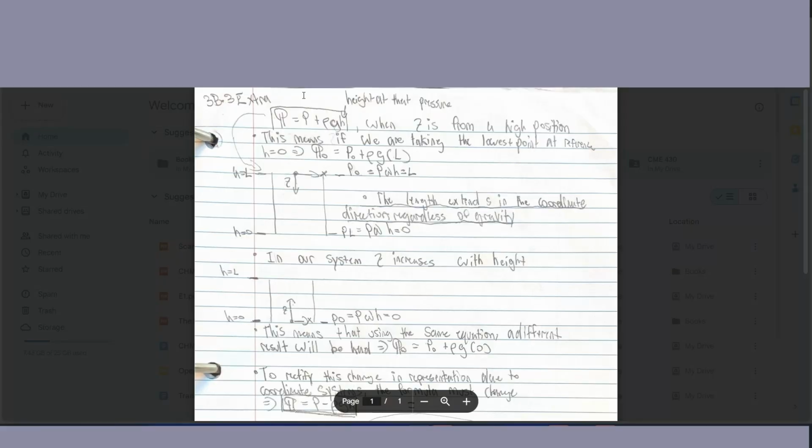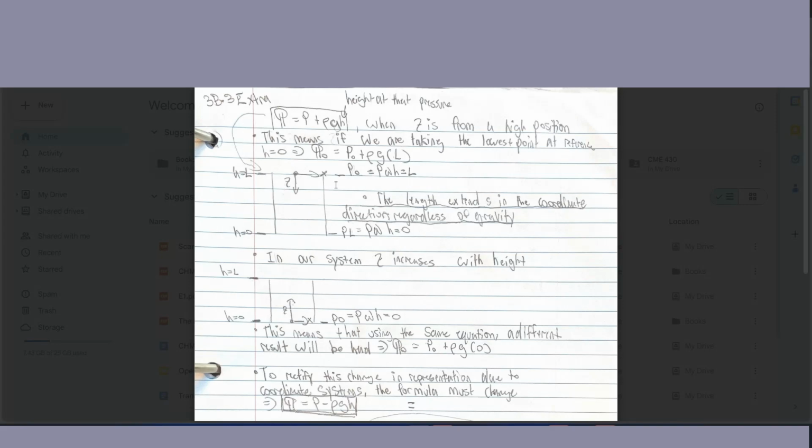With this equation, we can see that the modified pressure P0 equals P0 plus rho g times L. PL is always the pressure that's farthest along the z-axis, so L always extends with the z direction.